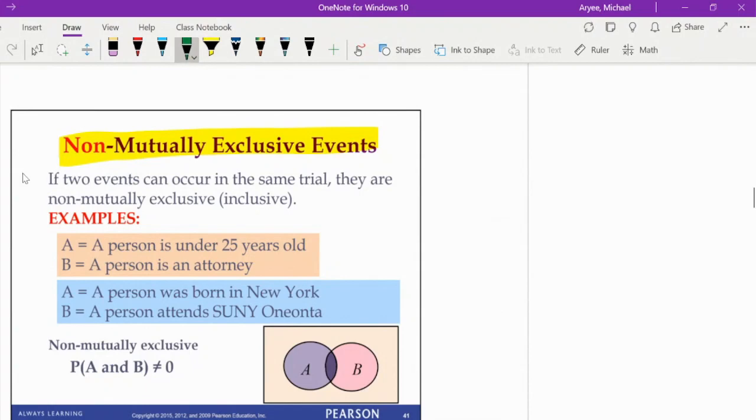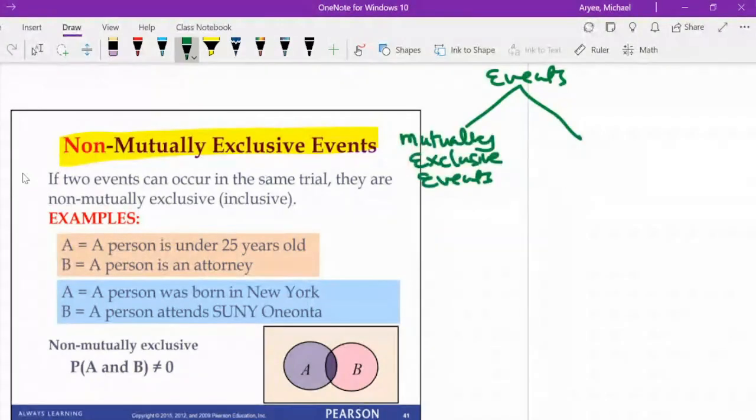Now, if we have events, we could have mutually exclusive events, which means that they cannot overlap. So probability of A and B is 0.